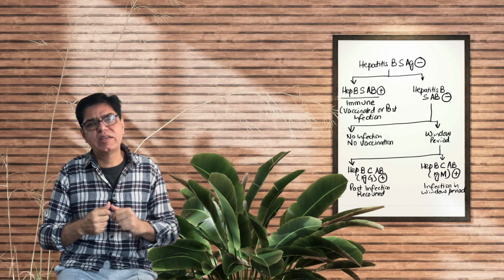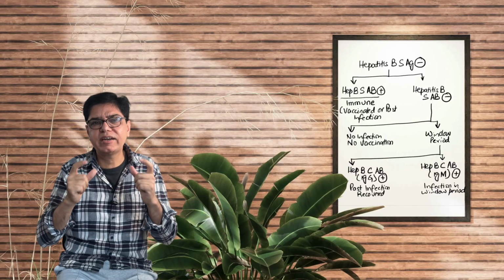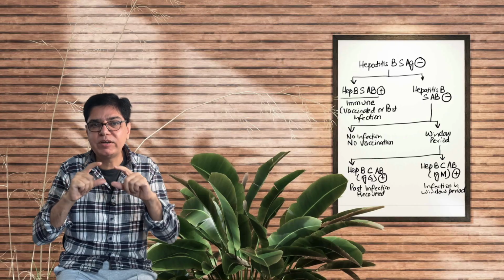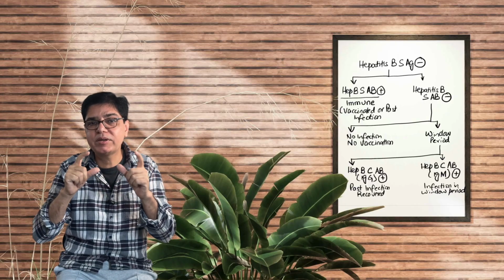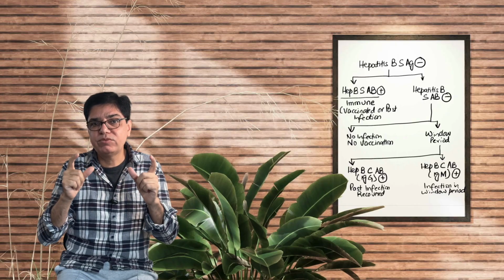There is one tricky thing here as well, which we call a window period, because normally the surface antigen would take somewhere between 6 weeks to 6 months to become positive, and during this time the person might be having hepatitis B virus in his body, but his surface antigen would be negative.